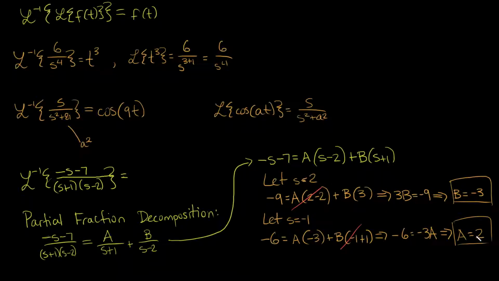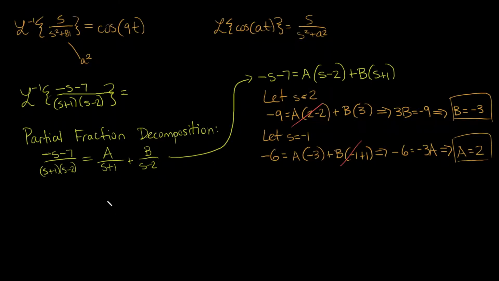Fantastic, we solved for our constants. If we just scroll down here, we can now say with finality and confidence, given the algebra we just solved, that negative s minus 7 over s plus 1 times s minus 2 equals A, or 2, over just s plus 1, minus 3 over just s minus 2.